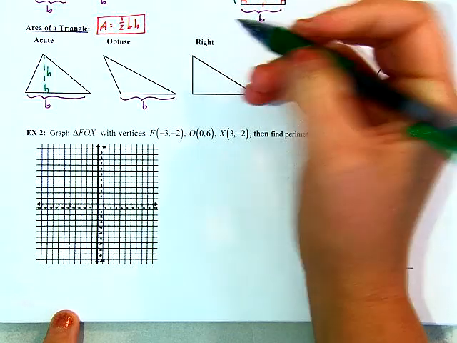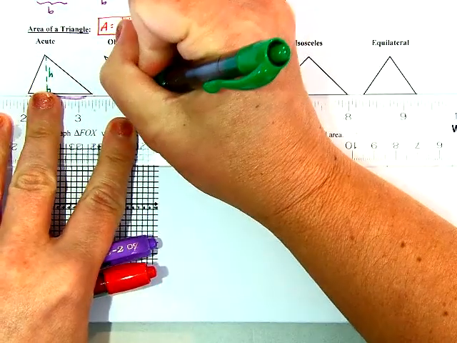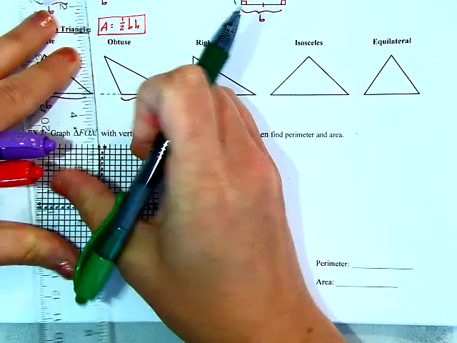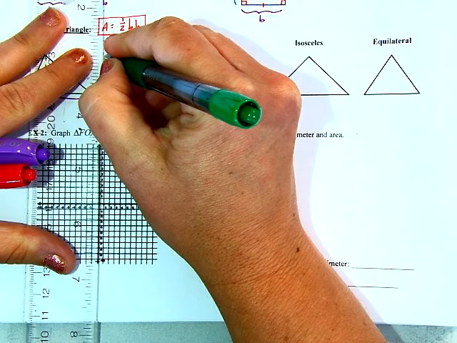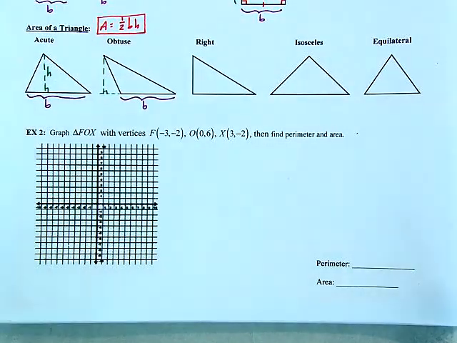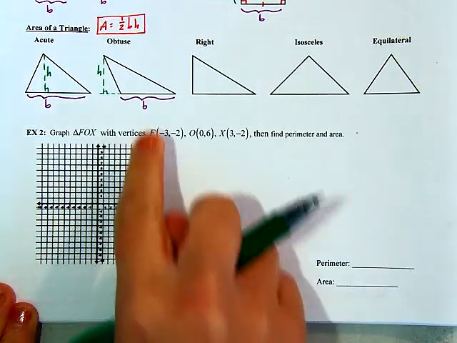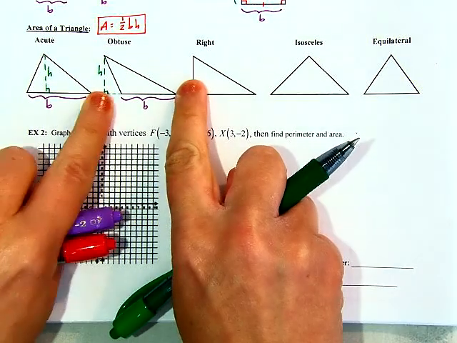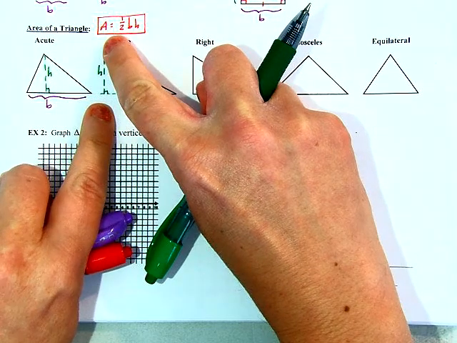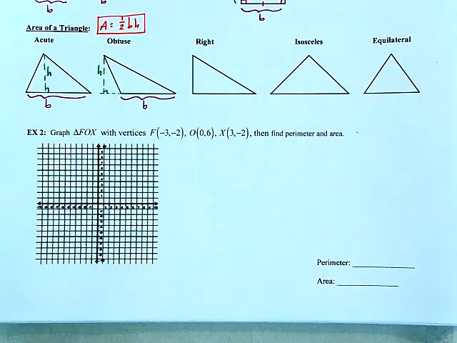So I need to extend the pathway of my base, and then draw in the height that would connect to it. So here would be my height. For this model, my base is still only from here to here, and my height is still that perpendicular segment that connects the vertex to that pathway of my base.